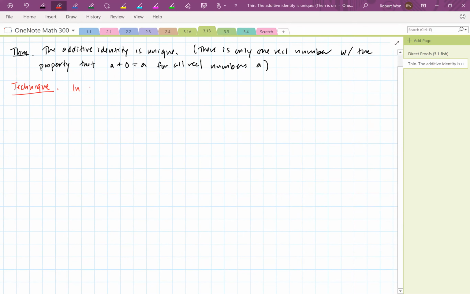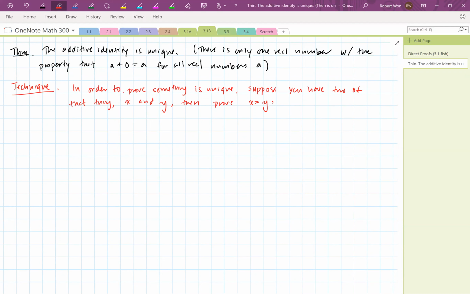In order to prove something is unique, the technique is: suppose that you have two of that thing, whatever the thing you're trying to prove is unique, say X and Y, then prove that X equals Y. So what we'll do is we'll suppose that we have two additive identities, two things that behave just like the additive identity, and then we'll show they have to be equal to one another, which means that actually there's only one additive identity. Those two things that we took at the beginning were actually the same.